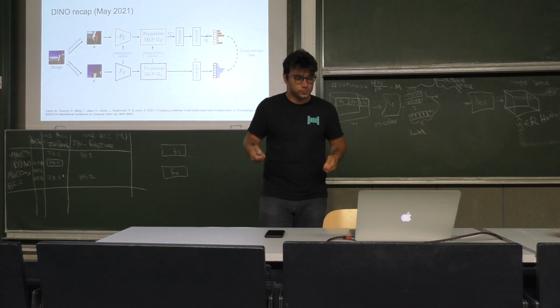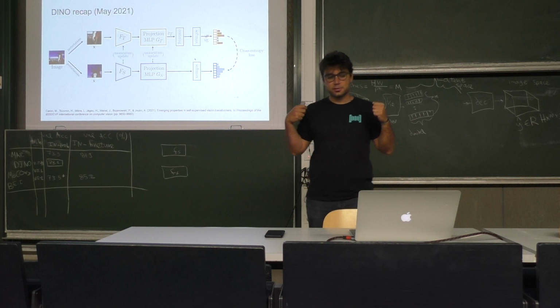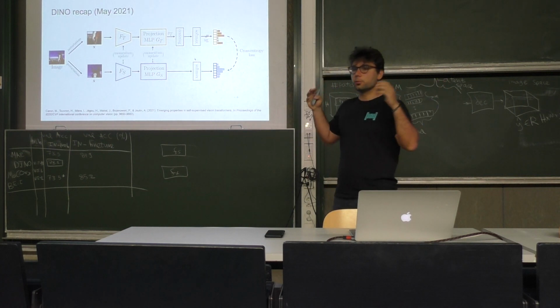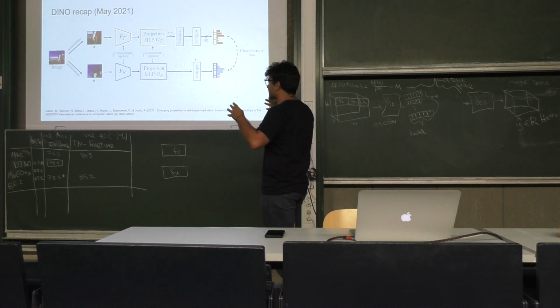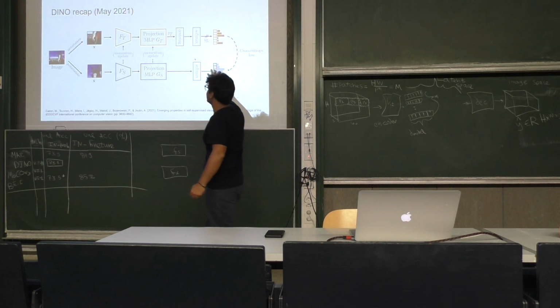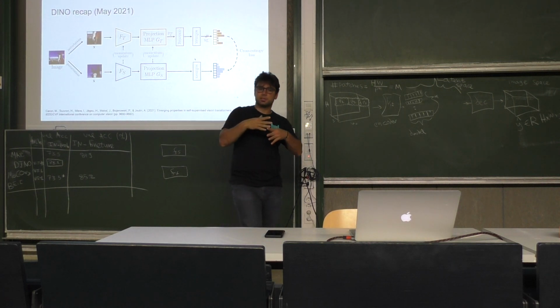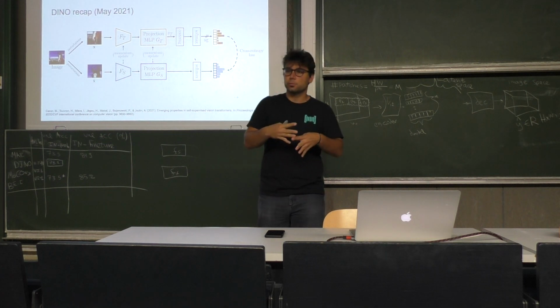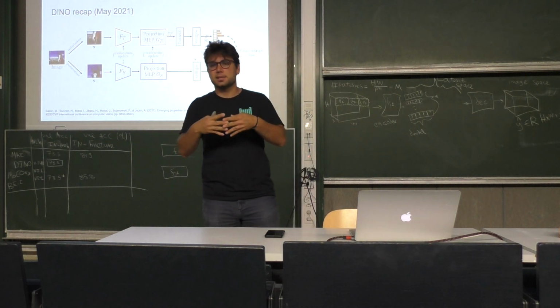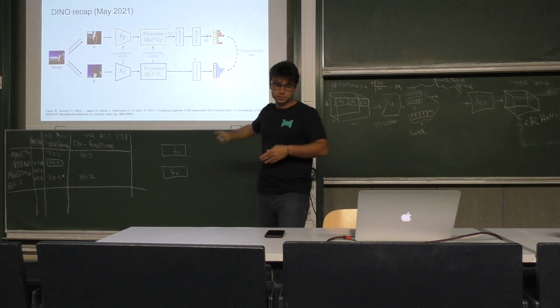Okay, so we saw DINO. This is what I mean by the discriminative way of learning representations. We want to match in some feature space, either with softmax where we assign classes, or directly on the feature space, as in this other method called BEiT, where you directly minimize the mean square error between the two networks.